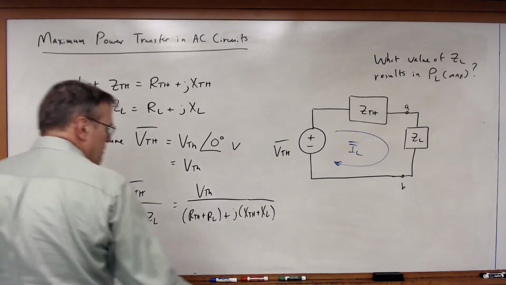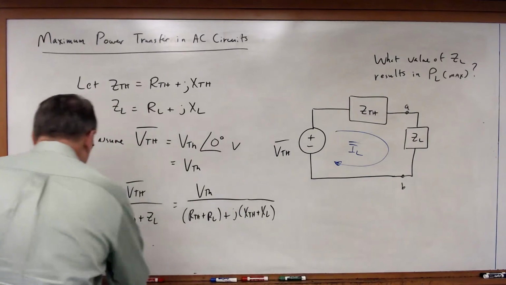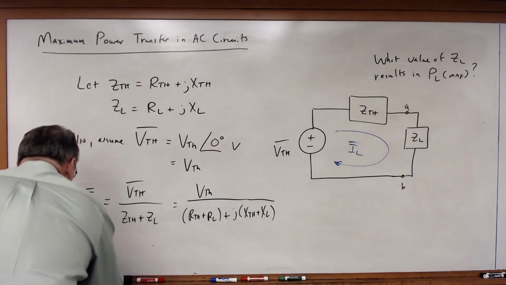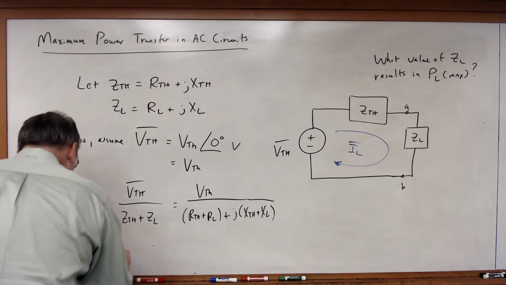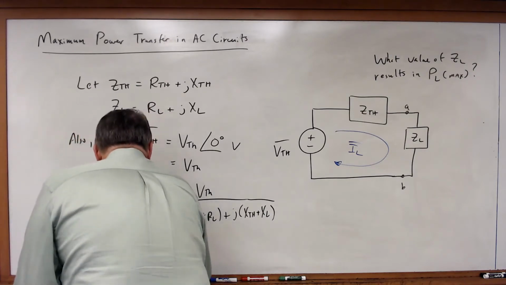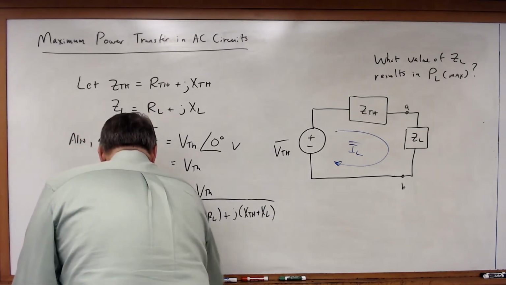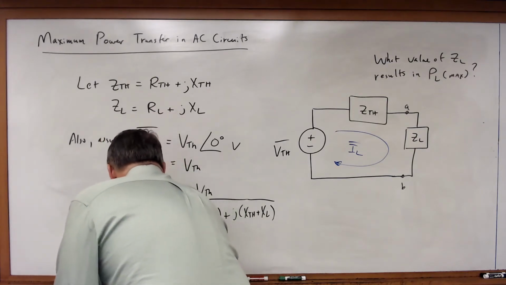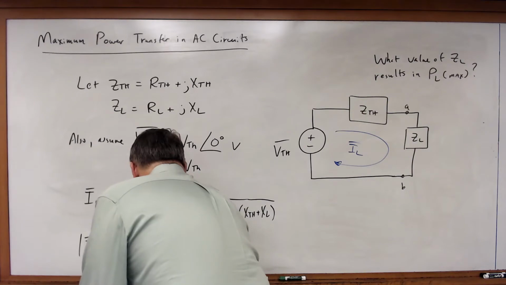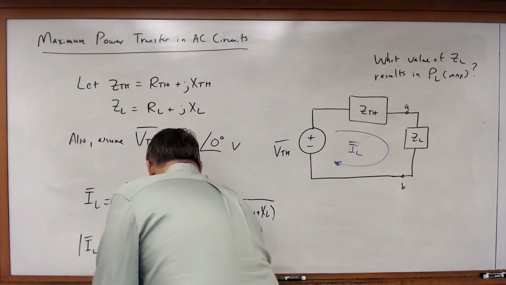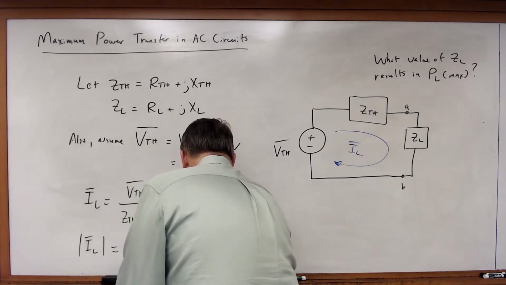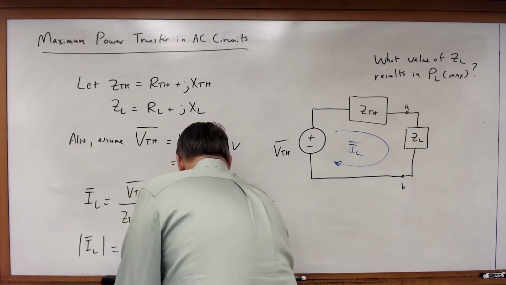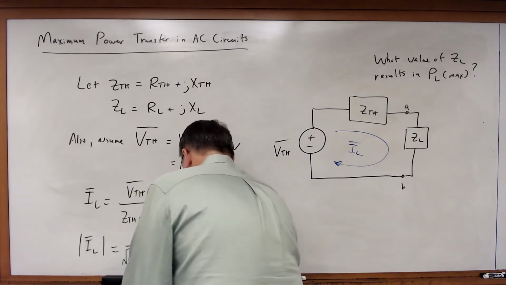The magnitude of IL will be equal to VTH divided by the square root of (RTH plus RL) squared plus (XTH plus XL) squared.